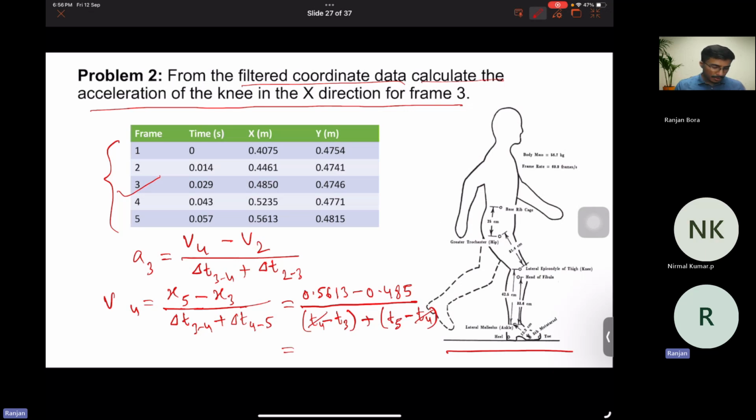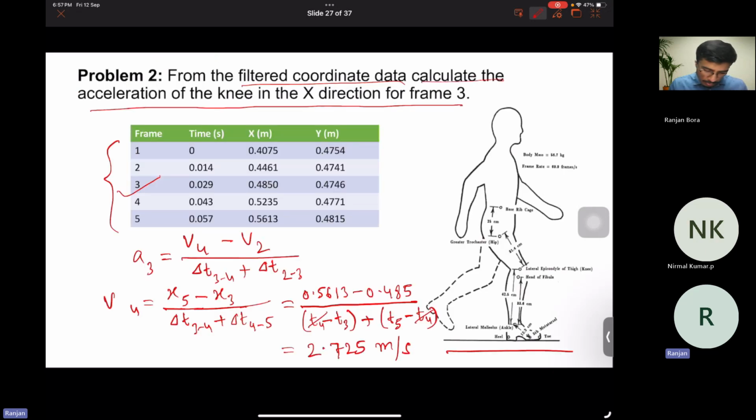So if we do this, it is 2.725 meter per second. If we substitute T3 and T5, we will get this value, V4.